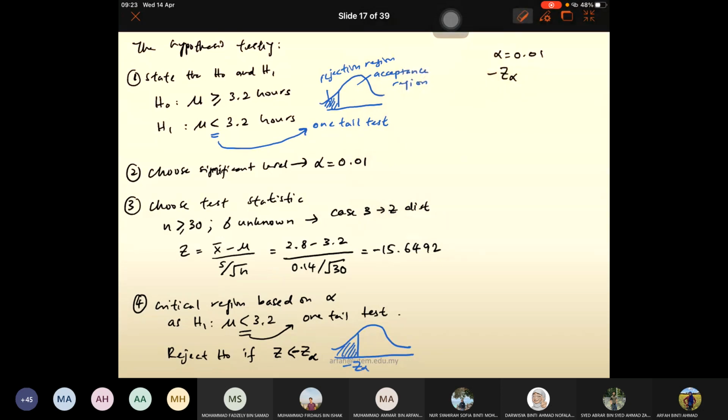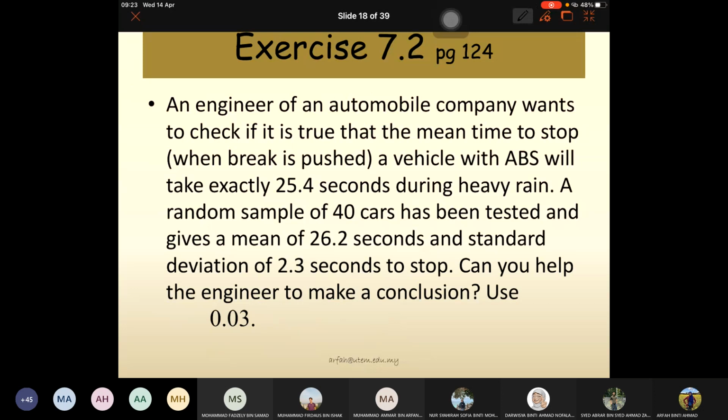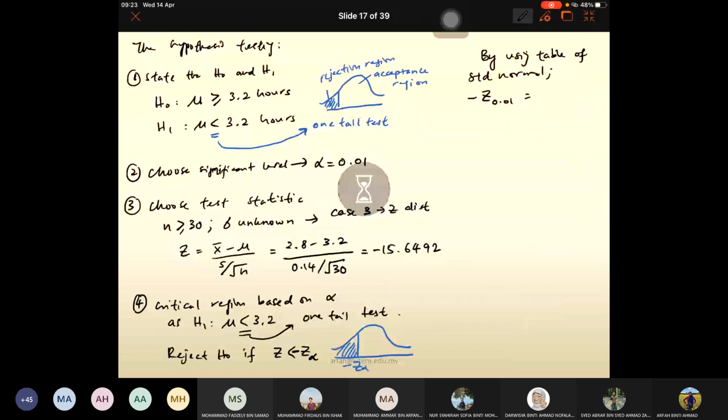So by using table of standard normal, awak tengok negatif Z 0.01 dapat berapa? Okay. Tengok dekat table of standard normal, negatif Z 0.01. Meaning that dekat dalam dia is 0.01. So berapa nilai kiri kanan?